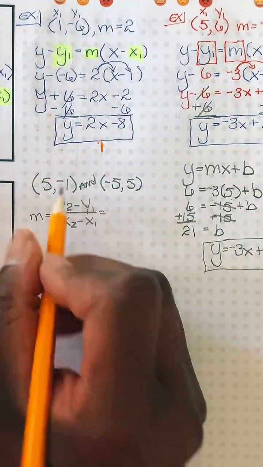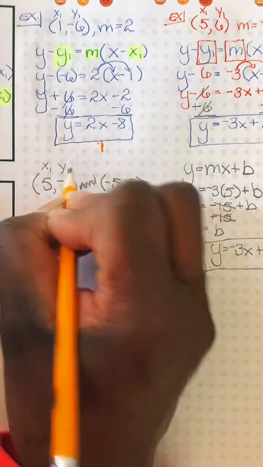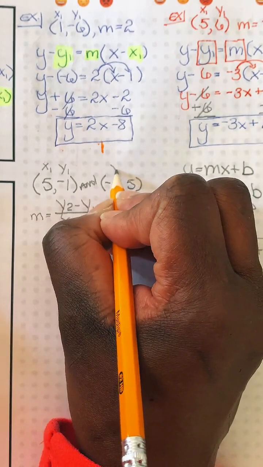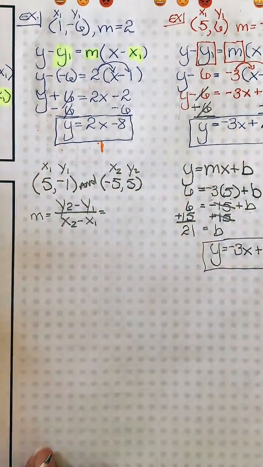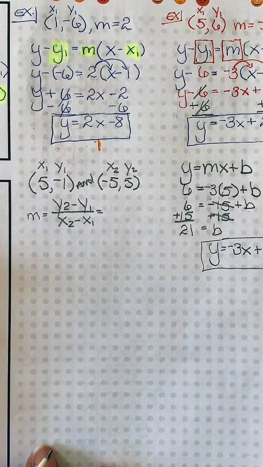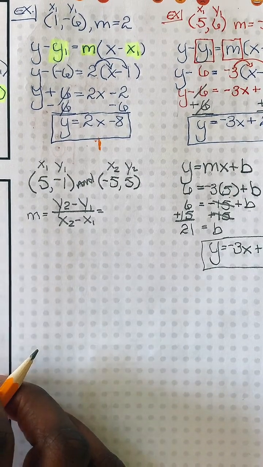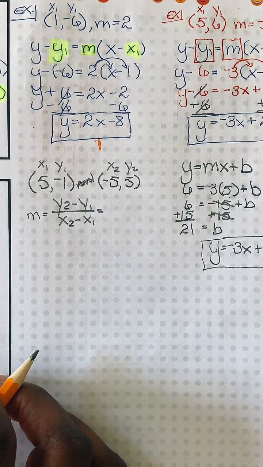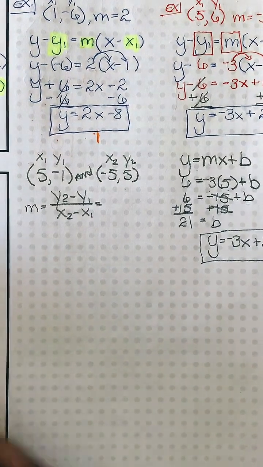So since this is my first point, this is my x1, this is my y1. My second point, this is my x2, this is my y2. Okay. Yes. There you go, Courtney. So we need to do slope. All right. So let's find this bad boy.